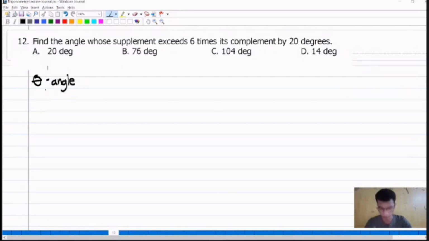Yung angle theta na to ay mayroong tinatawag na complement. Meron din siyang supplement. And meron din explement.